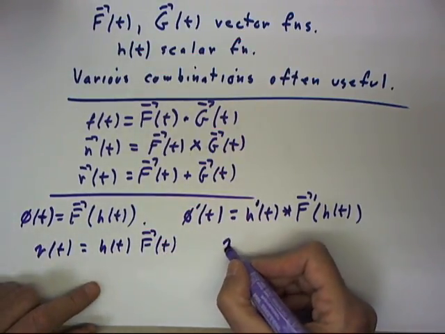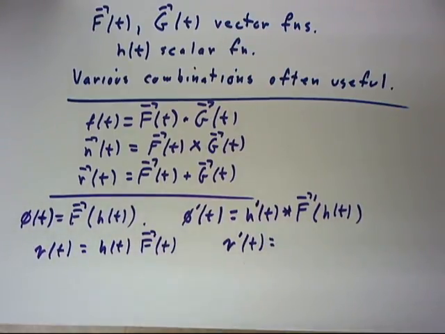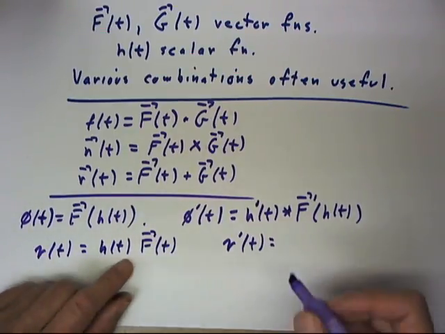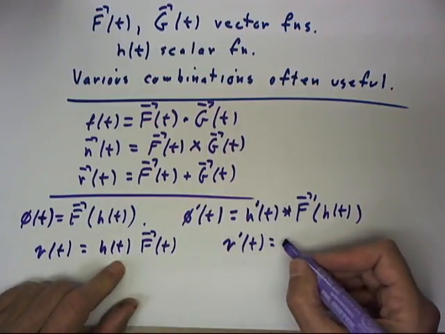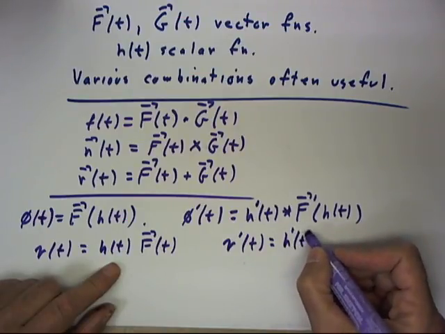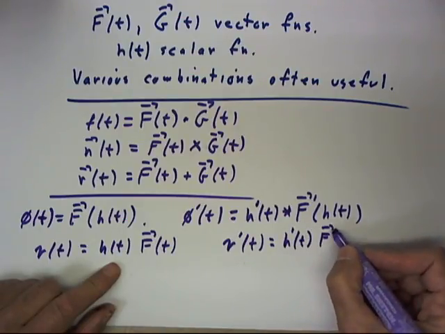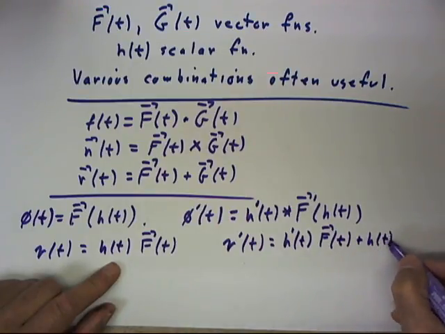Then what's gamma prime of t? Well, if the product rule holds, and I'll let you determine whether this is the case, but that should be h prime of t f of t plus h of t f prime of t.